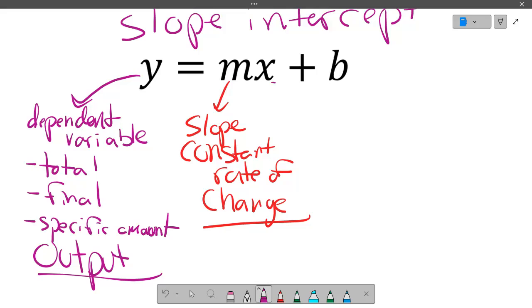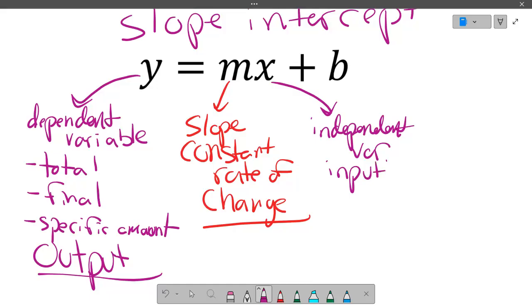Then what is x? It's our independent variable. If y is our output, x is our input, okay? That's whatever interval is changing along with the constant rate of change. The constant rate of change tells us how much to change by.